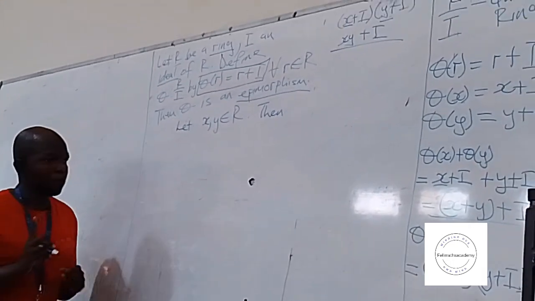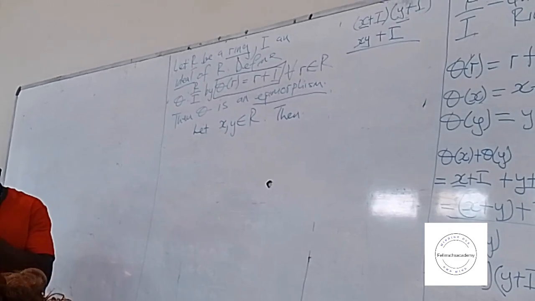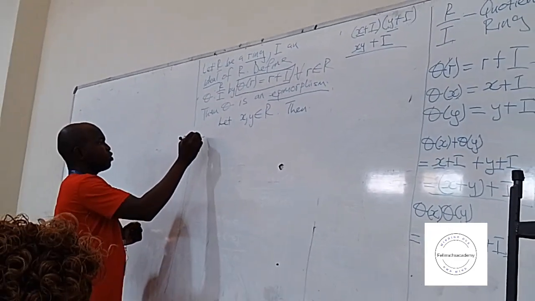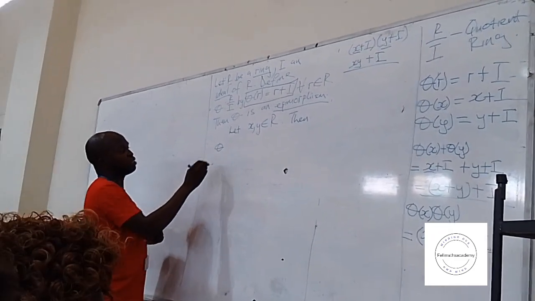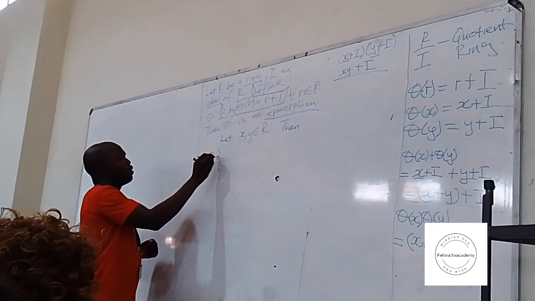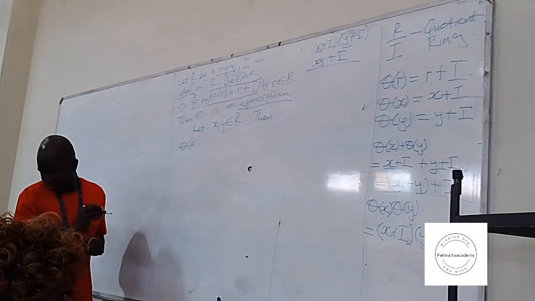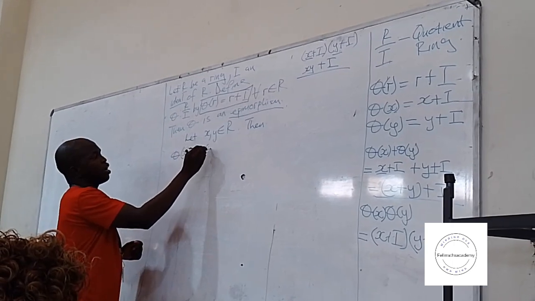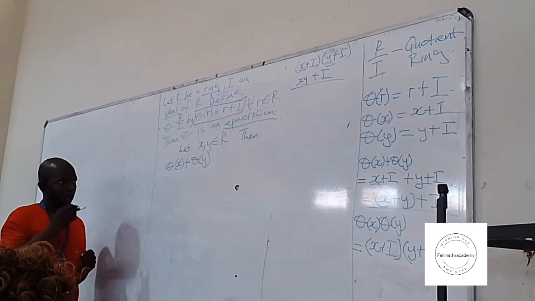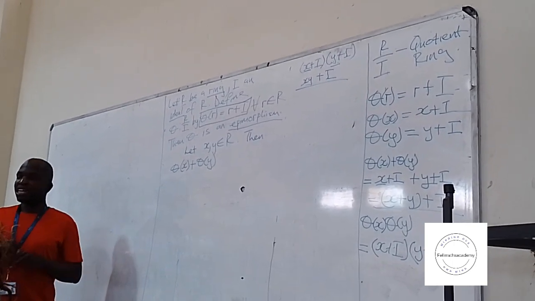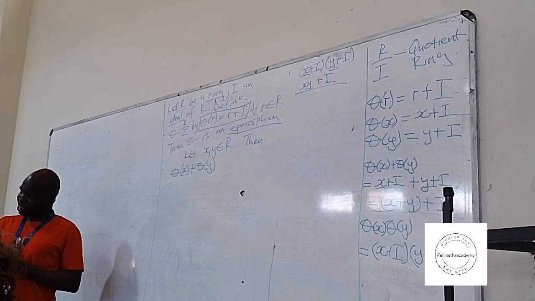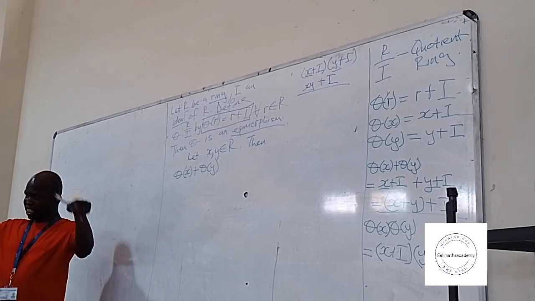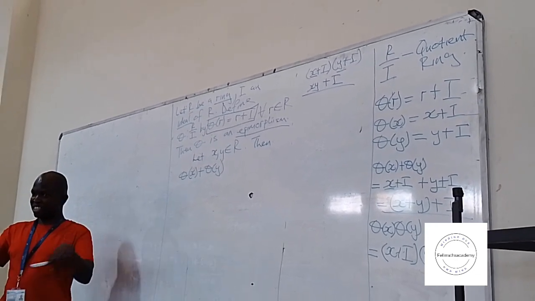So, first of all, we want to test homomorphism under addition, that is theta x plus theta y. Remember, we flip back to the definition of homomorphism under rings here.